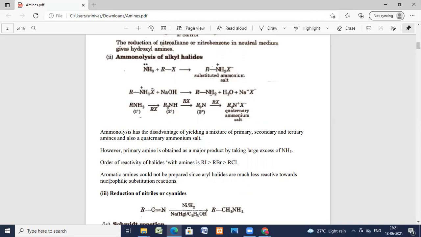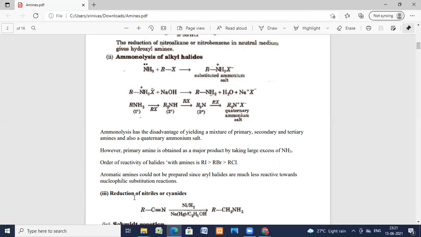So you cannot prepare aromatic amines using the aryl halides. Later we can see the preparation of aromatic amines.